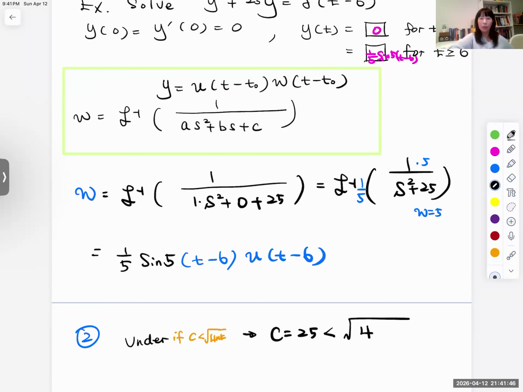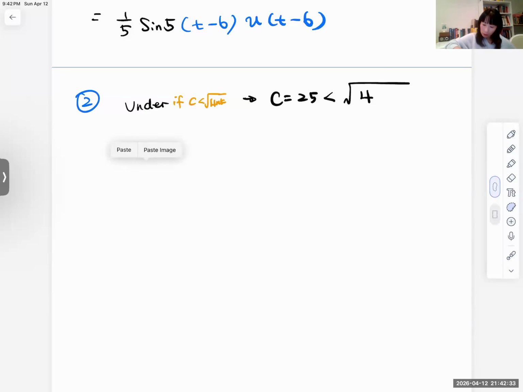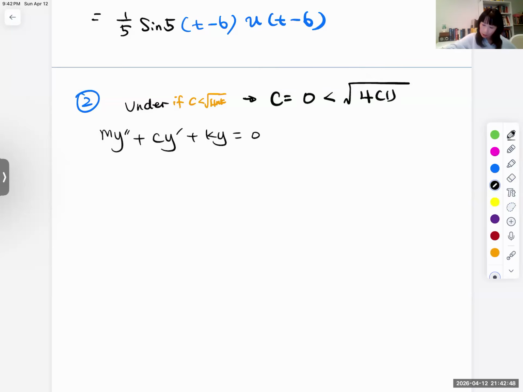Hold on, one second. Okay, I brought up the equation here. C is in the middle, and we don't have a middle term, so it's 0. And then M equals 1 and K equals 25. So 0 is less than the square root of 100, which is 10.